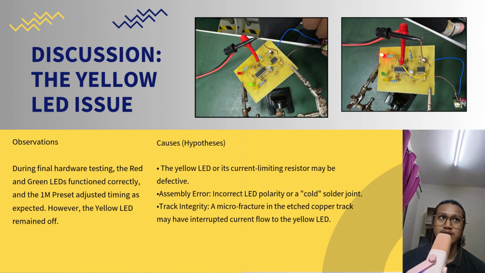As you can see in our picture, red and green blink and function correctly, and we can adjust the timing as expected, but our yellow LED remained off.